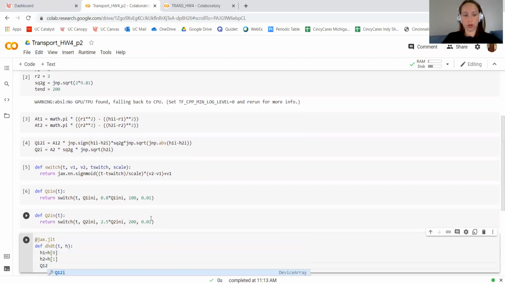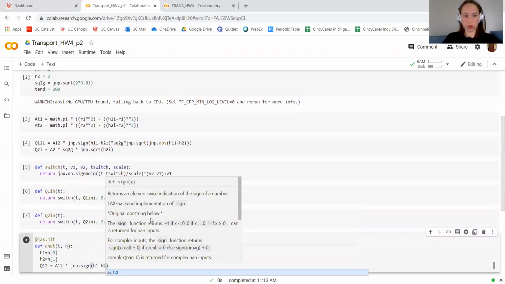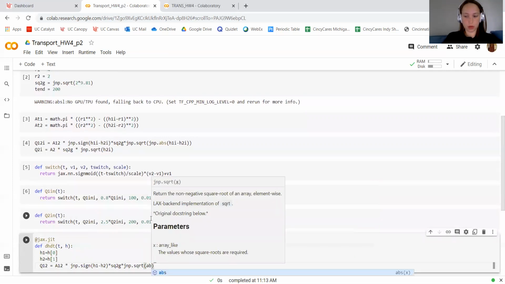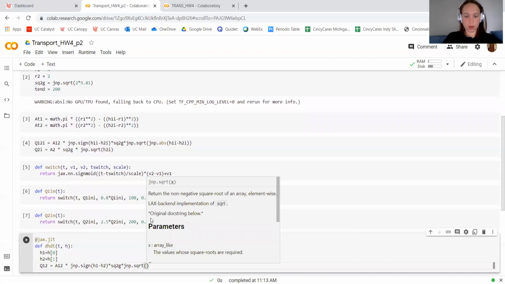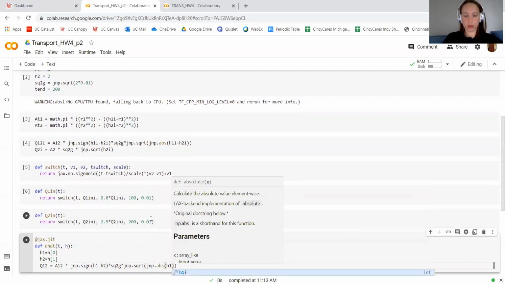So then for our flow rate of the pipe between tank 1 and 2, we have that cross-sectional area times the sign, not accounted for in the square root, multiplied by our shortcut for the square root of 2 times gravity, times the square root of the absolute value of the height difference.